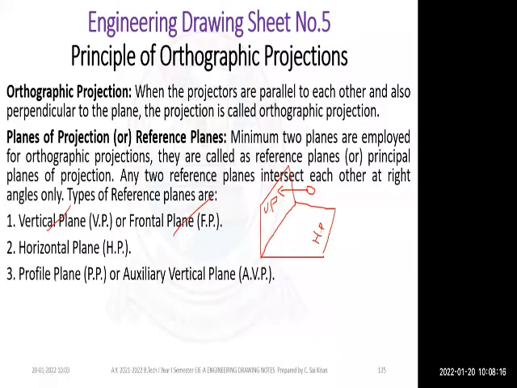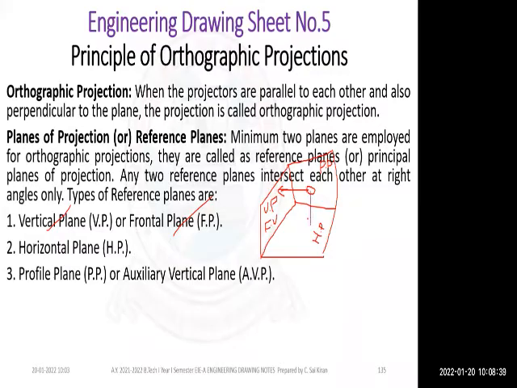And the next one is the profile plane. Suppose I want to measure this side. So this is my profile plane, PP, we call it, nothing but the side view. Suppose this is my object. The front view of the object will be projected on the vertical plane.